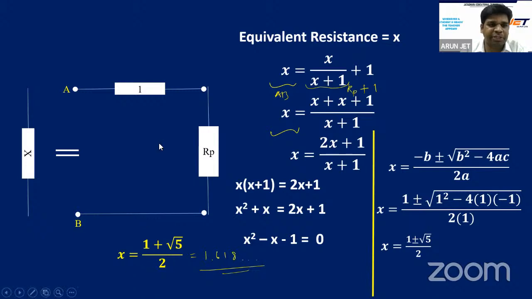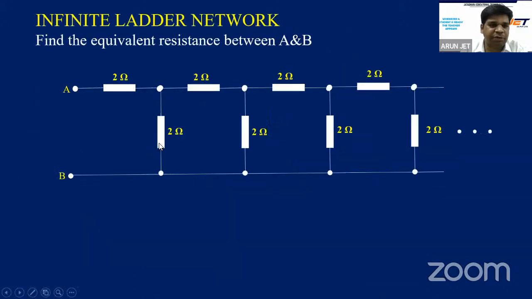All right, good. Now let's go for the next one. Students, I've got another infinite network here, as a homework, where instead of 1 ohm, I've got 2 ohms.